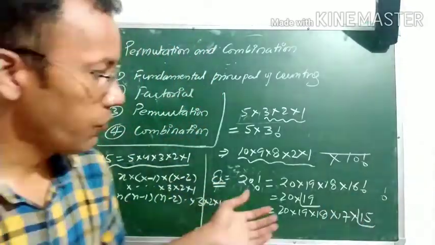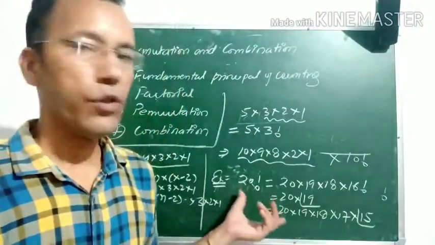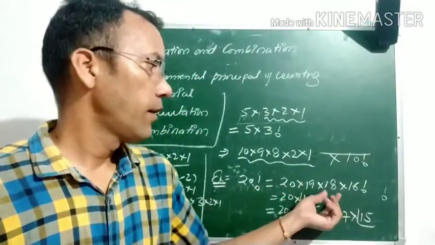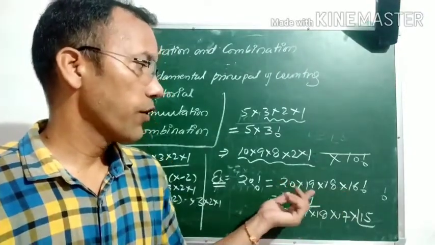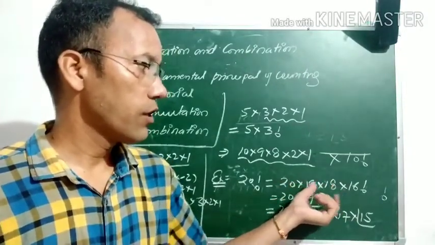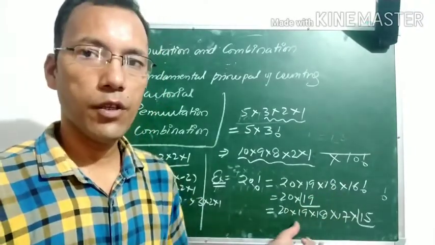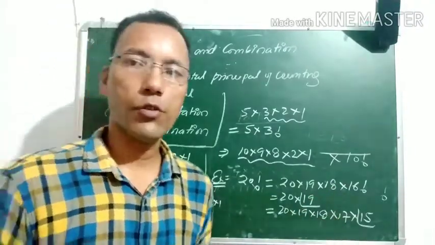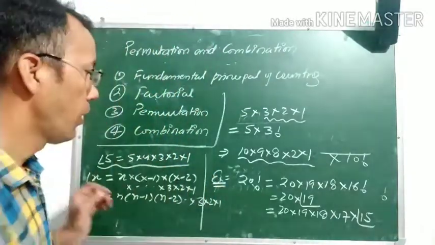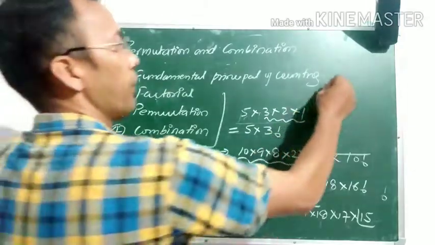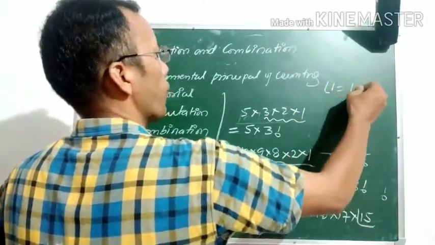We can break it into many parts: 19 factorial, 18 factorial, then 16 factorial, 15 factorial, 14 factorial, till 2 factorial or 1 factorial. 1 factorial is 1. If I write 1 factorial, it means only 1.